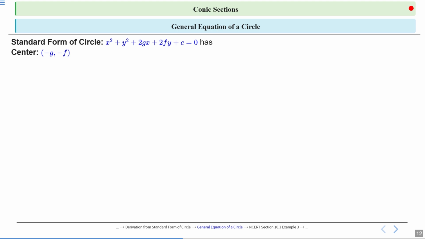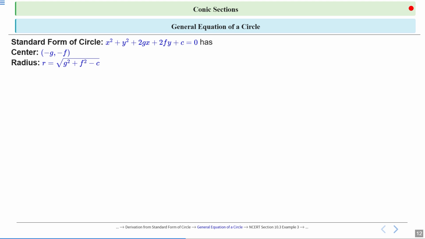The center of the circle of the standard form (x minus h) whole square plus (y minus k) whole square equal to r square is h comma k, and we obtained here h is minus g and k is minus f. So now the center of this circle is minus g comma minus f.